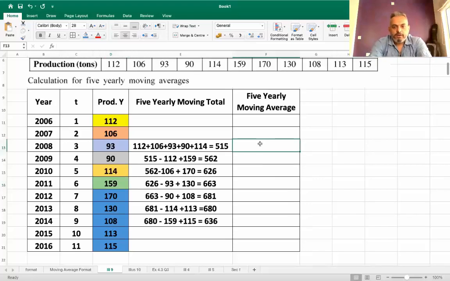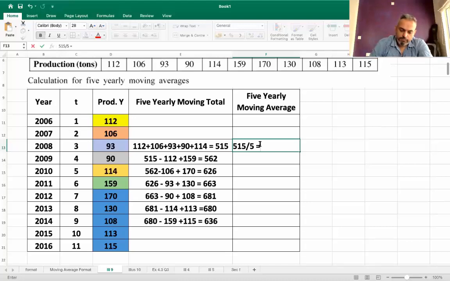Now, over here, the 5 yearly moving average is the final answer we want. So 515 divided by 5 is equal to 103. Then 562 divided by 5. You have to write like this properly. 112.4.